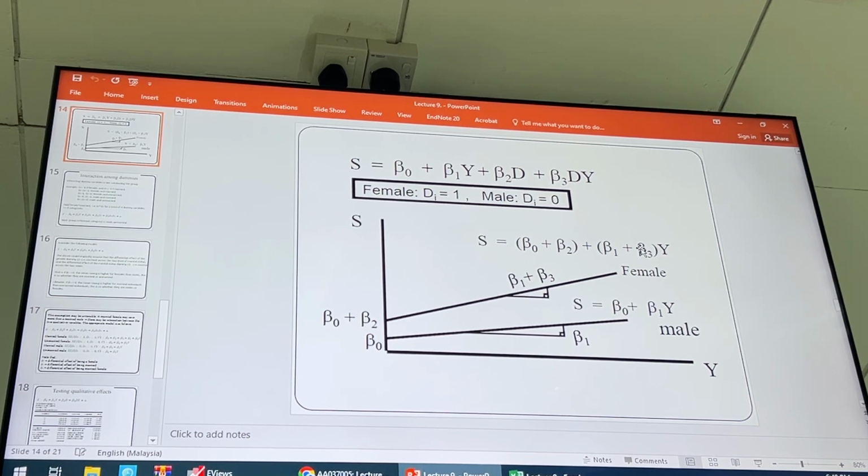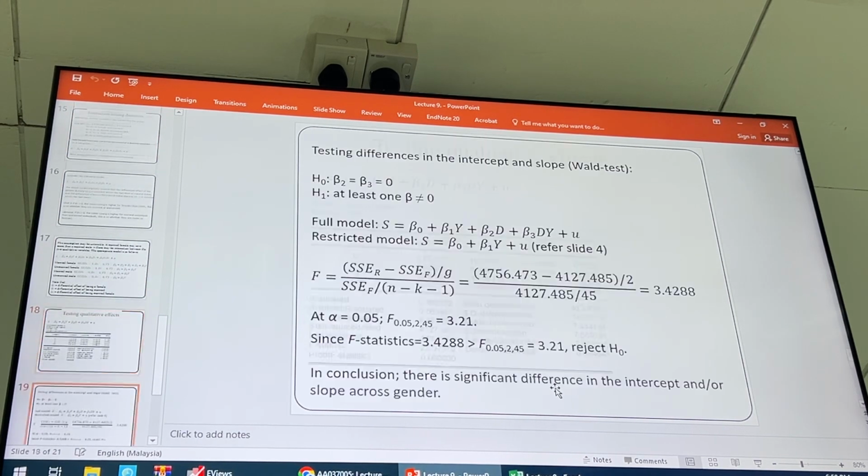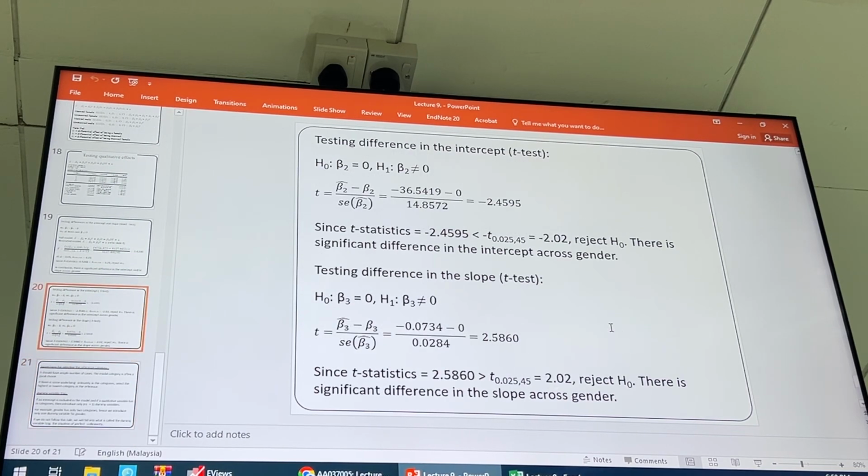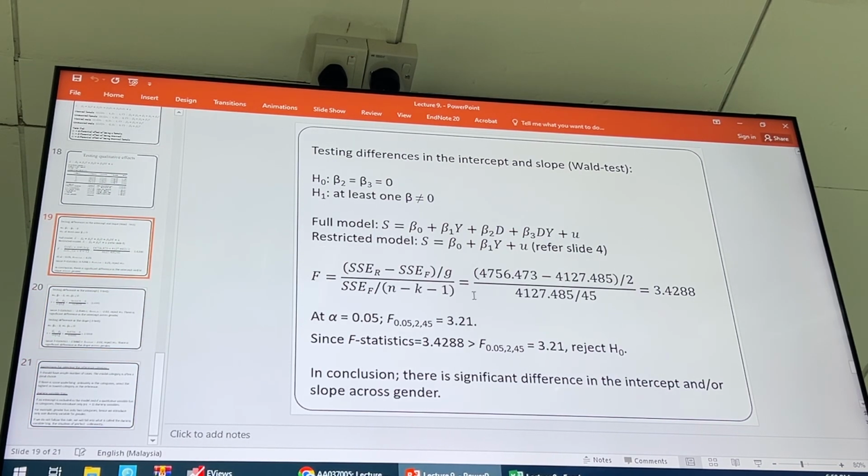You can perform the joint Wald test on both coefficients, or you can test separately one by one, the individual Wald test. If you want to perform the joint Wald test, you have to test beta 2 equal to beta 3 equal to 0, both equal to 0. That can be done by using the Wald test that you learned before. If you perform the test manually, you have to estimate the full model and a restricted model, get the SSE, then calculate the test statistic and compare it to the critical value from the table.